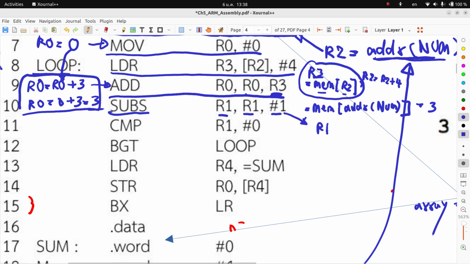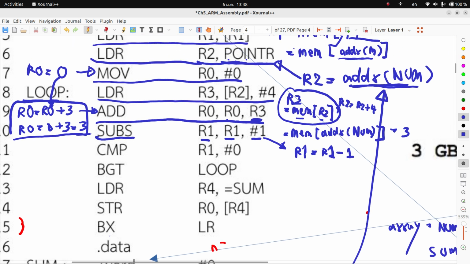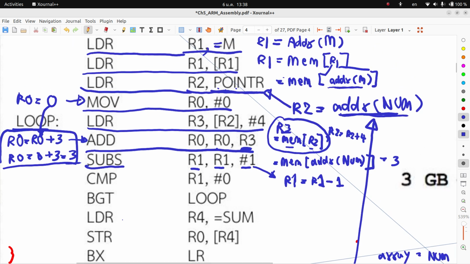It means R1 equals to R1 subtract 1. What is the value of R1? R1 becomes 4 at this location.